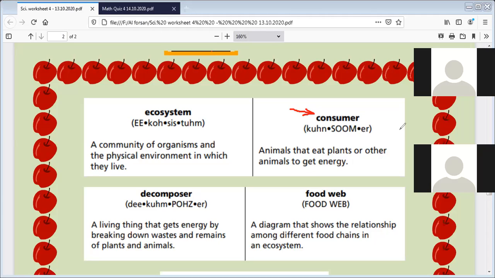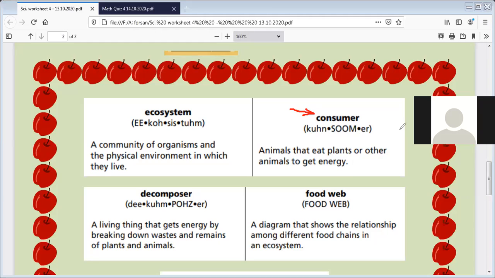Yeah, this is consumer. And what is producer? Where's the word producer? We explained it before. It's like plants, and we said why we can say plants are producers.